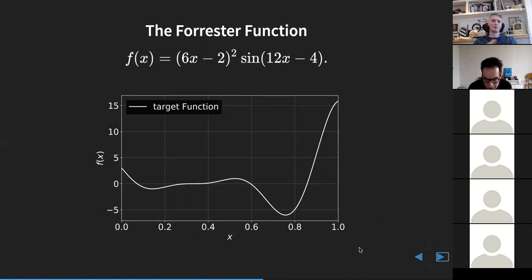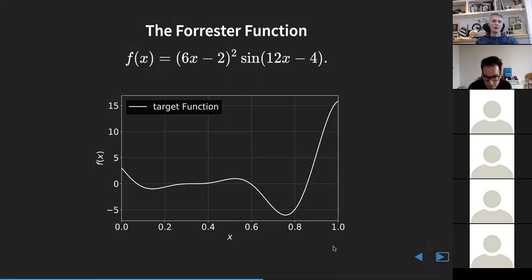One of the reasons Alex's name is known is because of this function that we've already used for Bayesian optimization, the Forrester function. I think he maybe initially used it in his PhD thesis, but certainly it's used in a book that he co-authored with his PhD supervisor, Andy Keane, and others.